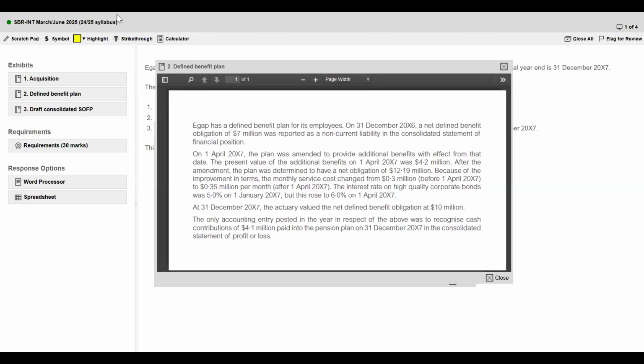Okay, let's see. EGAP has a defined benefit plan for employees reported as a non-current liability in the consolidated statement of financial position.